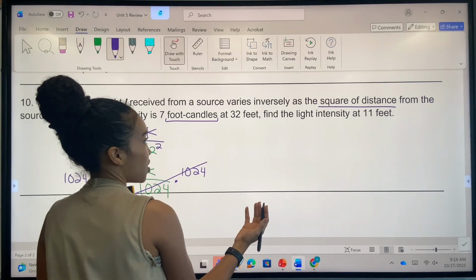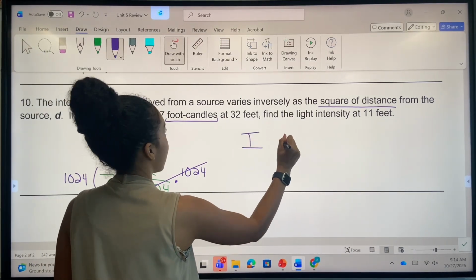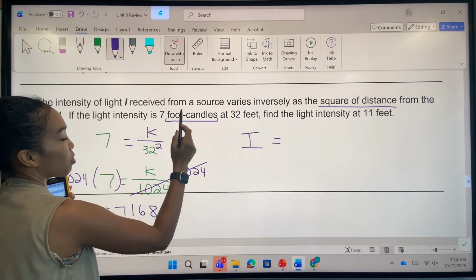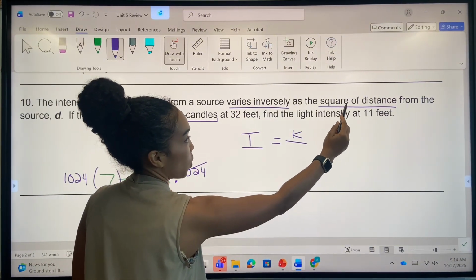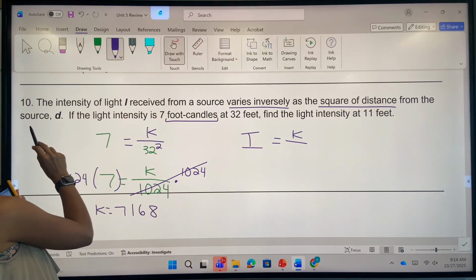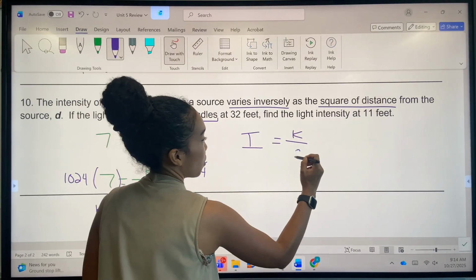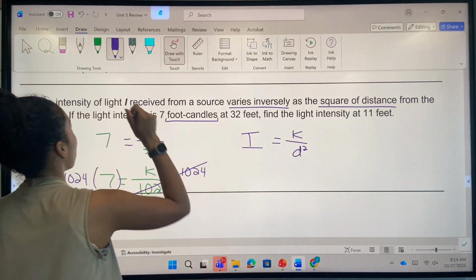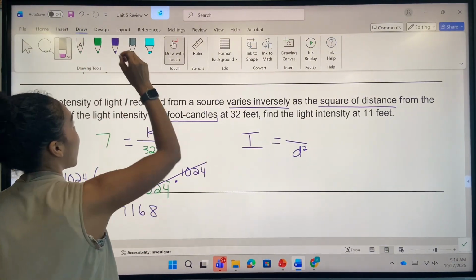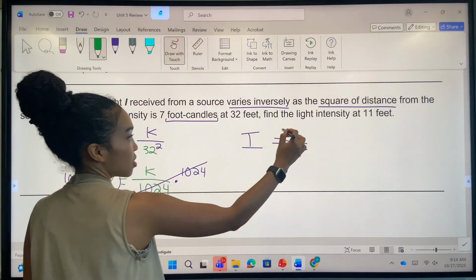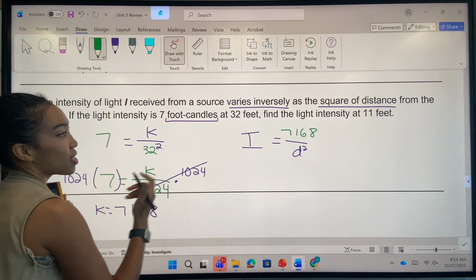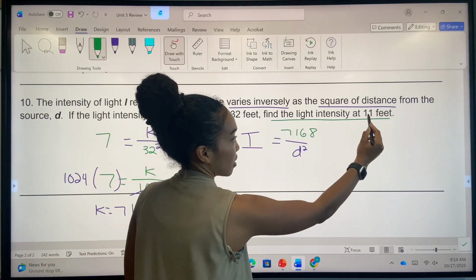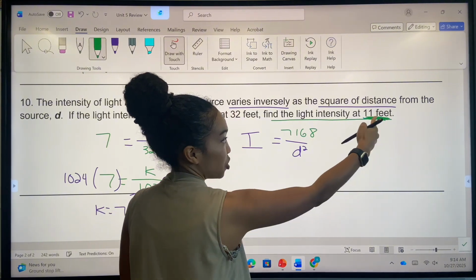So I'm going to write the equation again. The intensity of light received from a source varies inversely as the square of distance from the source. So the square of the distance. This is our formula. And we just found out what K was. K is 7,168. Okay, so it says find the intensity of light at 11 feet. 11 feet, that is your new distance.